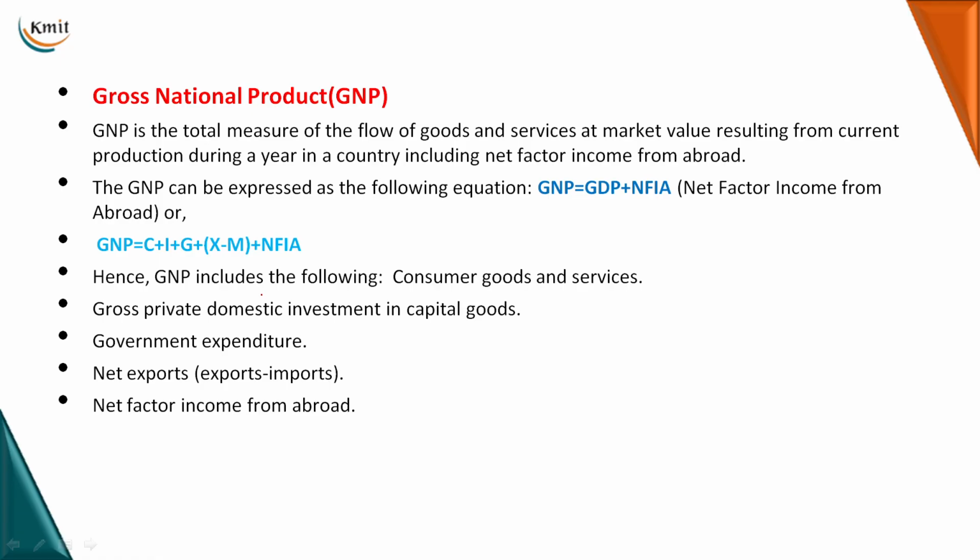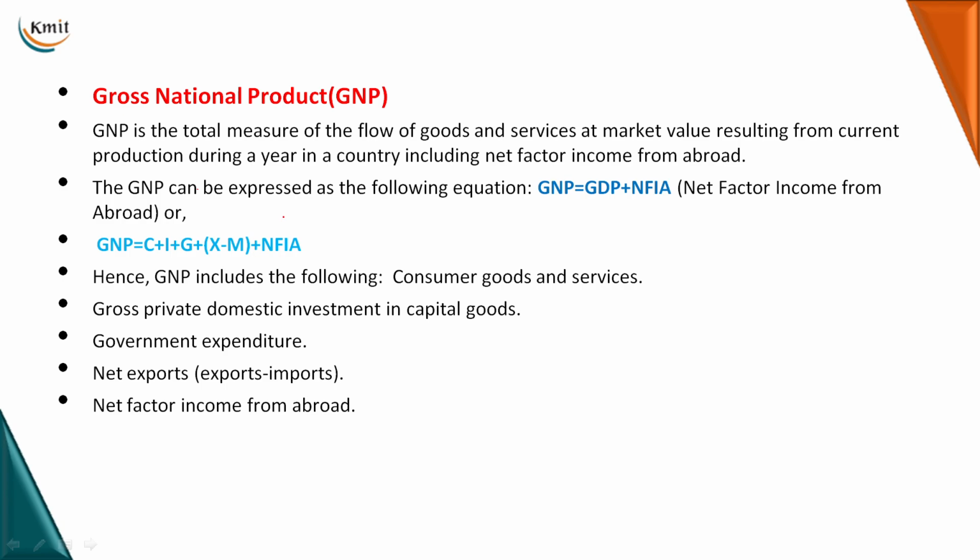Next one is gross national product. Gross national product is a total measure of the flow of goods and services at market value resulting from current production during a year in a country, including net factor income from abroad.